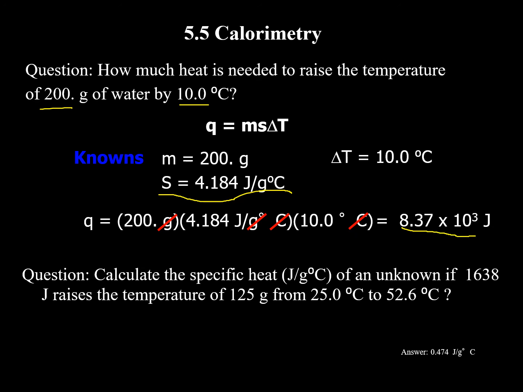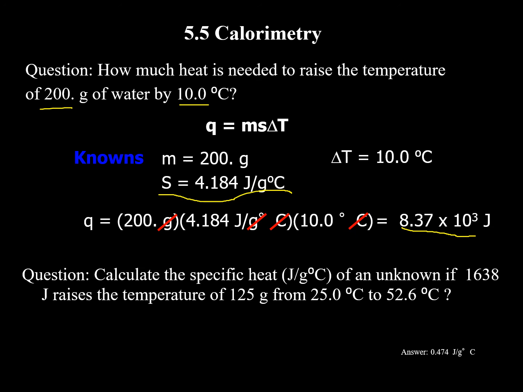I want you guys to try the next one: calculate the specific heat of an unknown if 1638 joules raises the temperature of 125 grams from 25 degrees Celsius to 52.6 degrees Celsius.